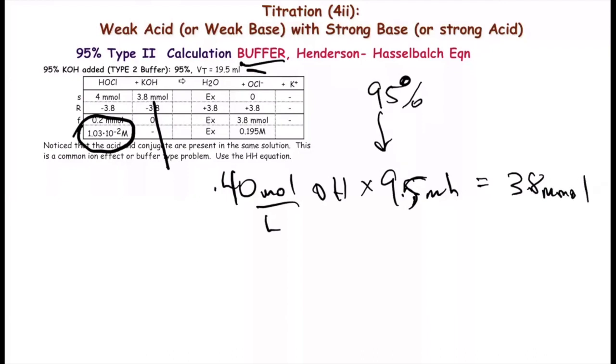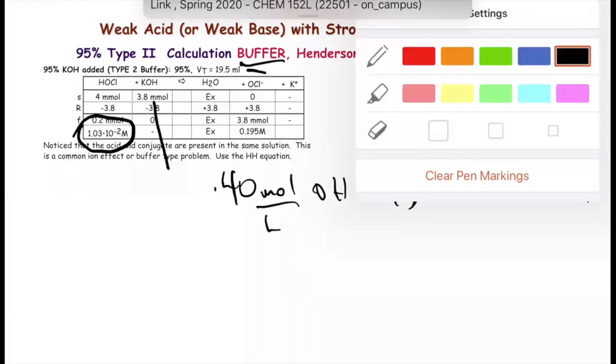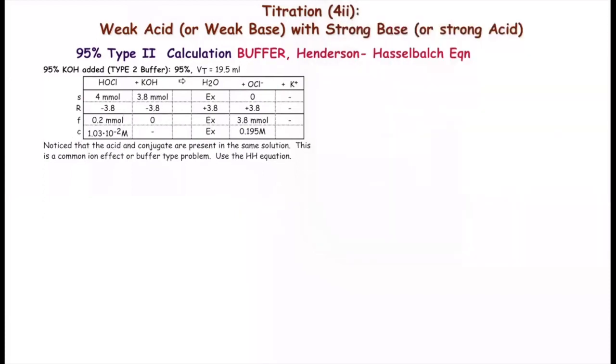The initial amount of the acid was 4 millimoles. If you react 3.8 of your limiting reagent, then what remains is 0.2. That means that 3.8 of product is also formed.